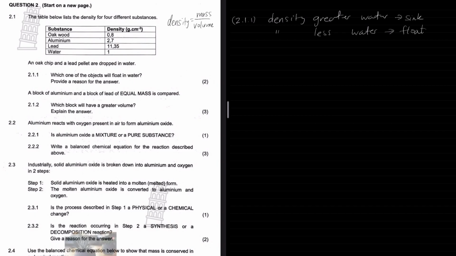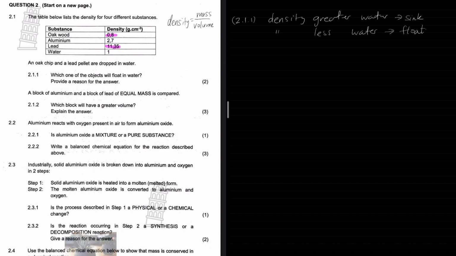So, for example, if you take oil and water and you pour them into the same container, the oil will sit above the water, and that's because oil has a lower density than water. So we are comparing an oak chip and a lead pellet. We can see that oak is 0.8 and lead is 11.35.